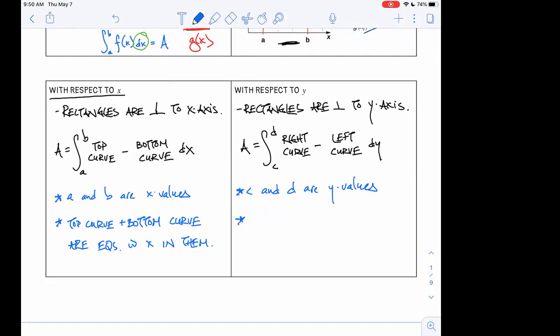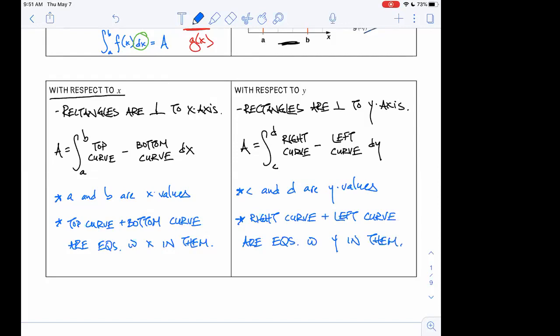But when we look at the ones with respect to y, the right curve and the left curve are equations with y in them.